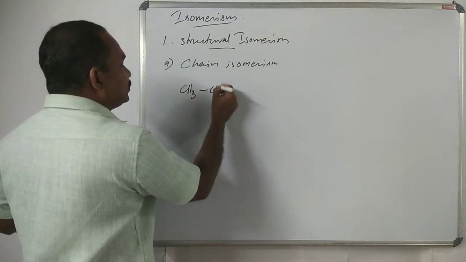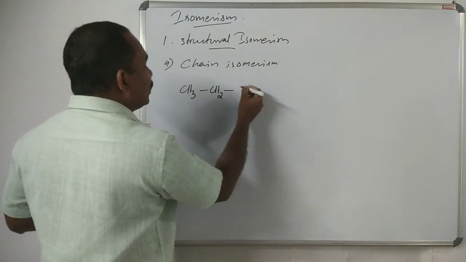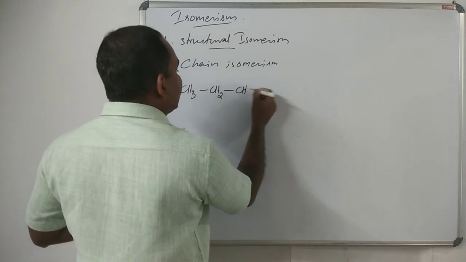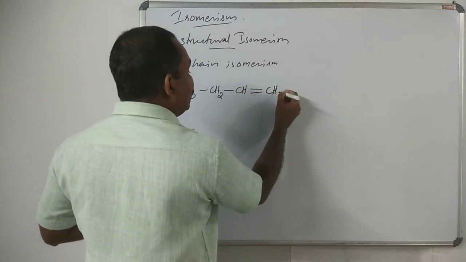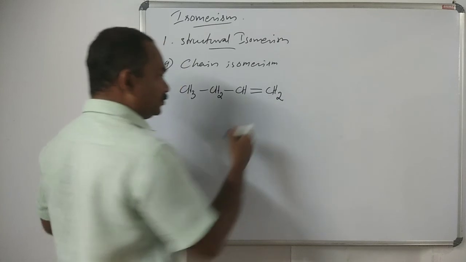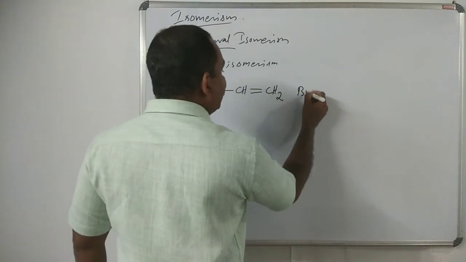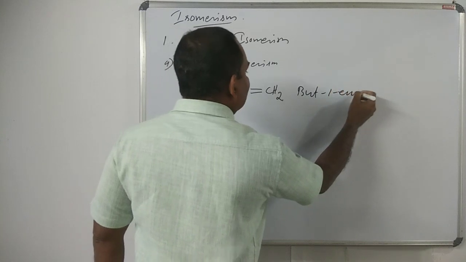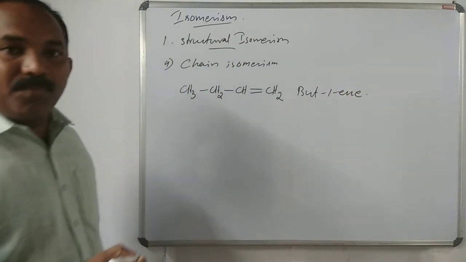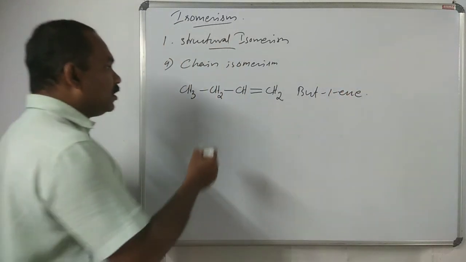Okay, let's take CH3, CH2, CH double bond CH2. This is but-1-ene.